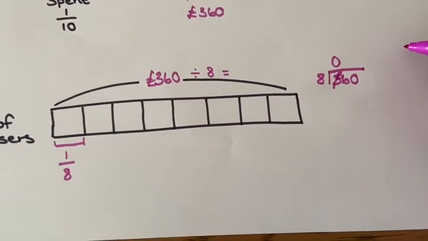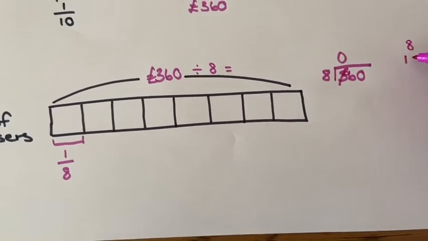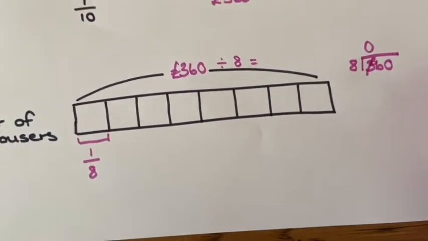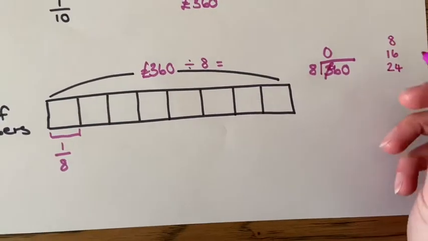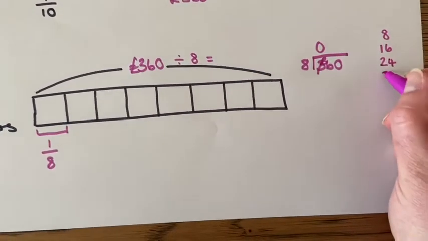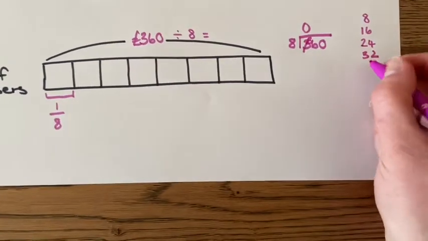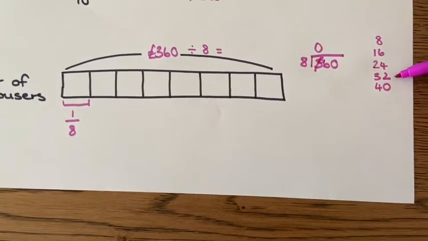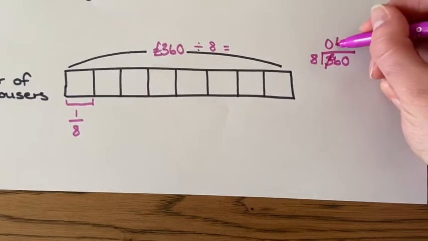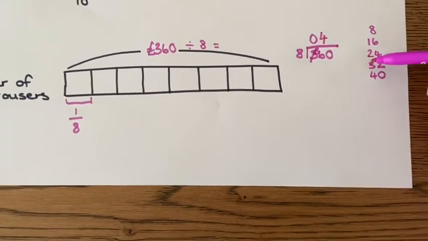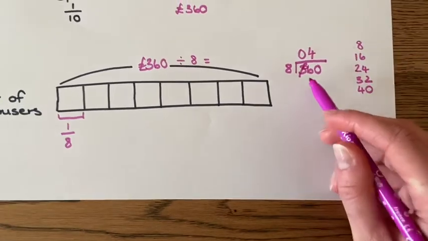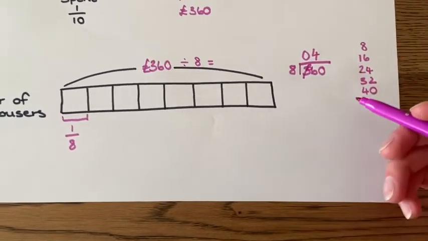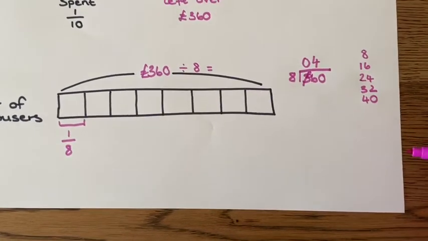If you want to do some jottings down the side for you, 8, 16, 24, whoop, it's hard when you've only got one hand, 32, I know that I can only make 1, 2, 3, 4 groups of 8 successfully. Now, that only used 32 place value counters, but I wanted to use 36. So I've still got 4 counters that are worth 10 each that I haven't used.